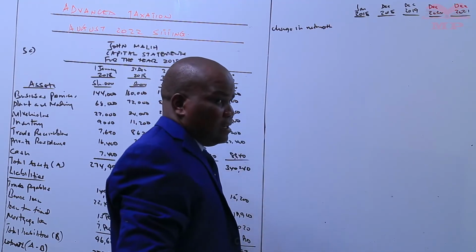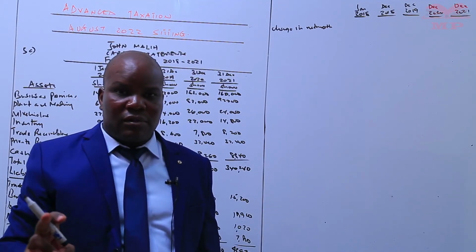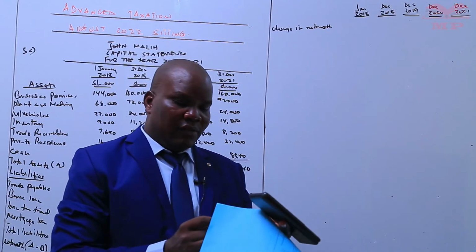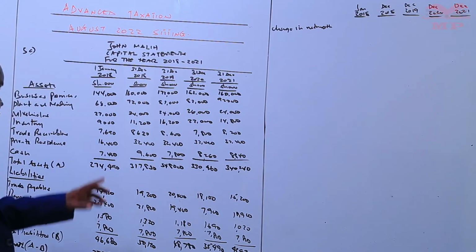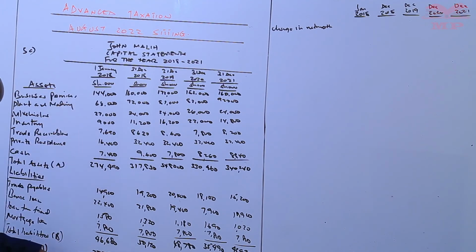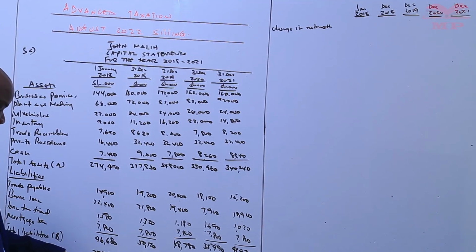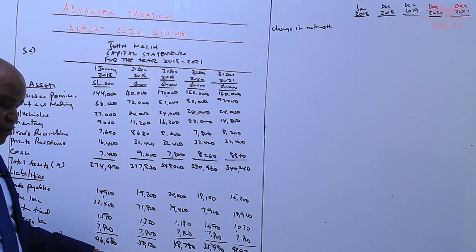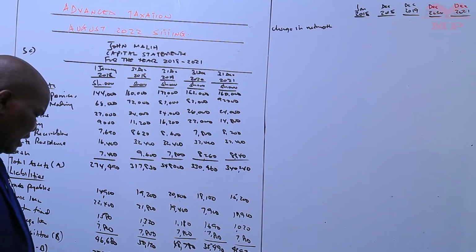Capital can change as a result of four factors: one is profits or income, two, losses, three, additional investment, and four, withdrawal. So what we do is simple. We compare the capital of the firm as at 2018 December with that capital as at 2018 January. The difference between those two figures will tell us what happened during this particular year.